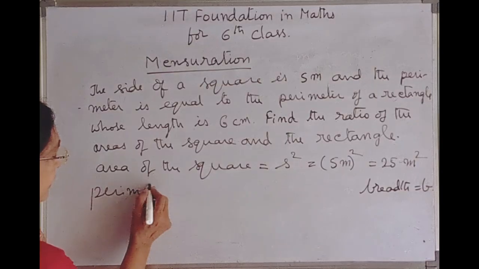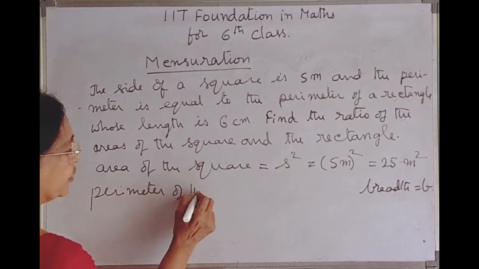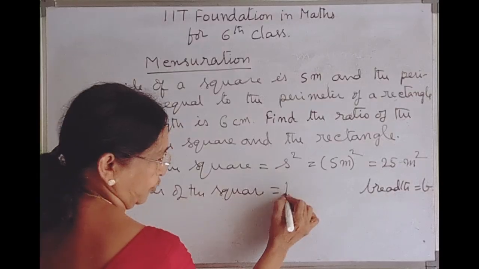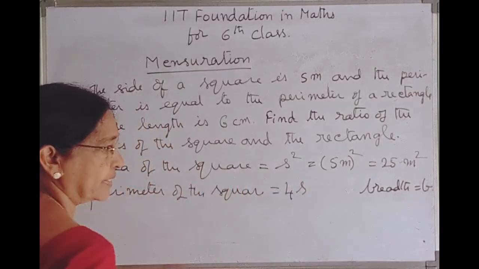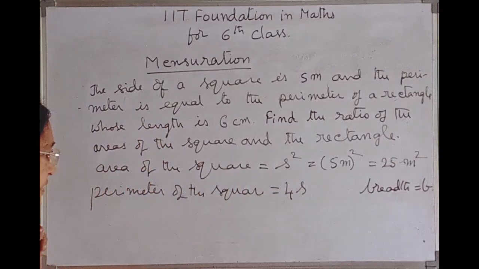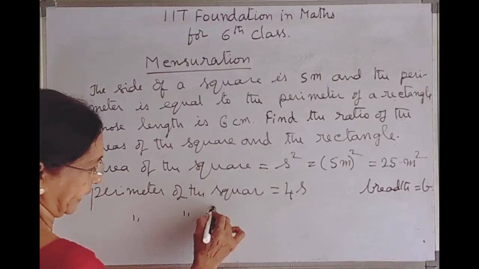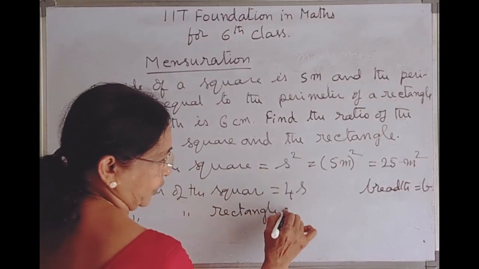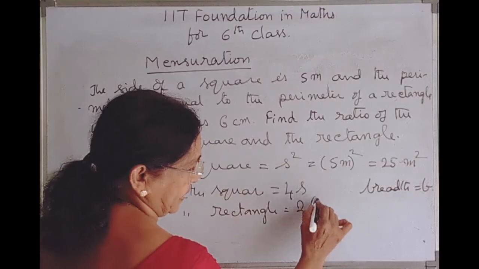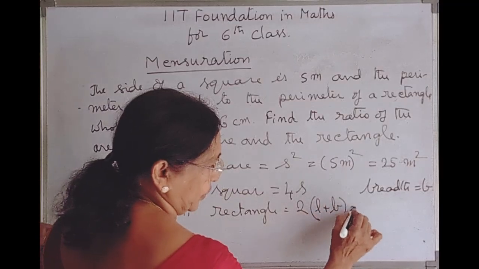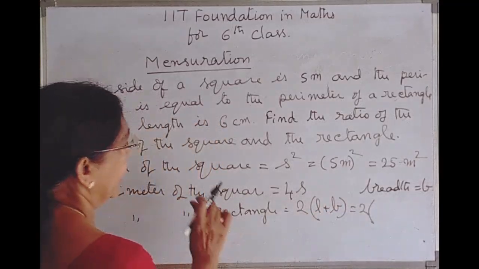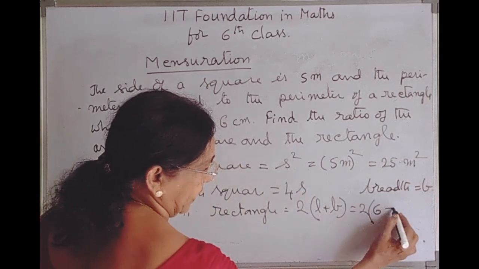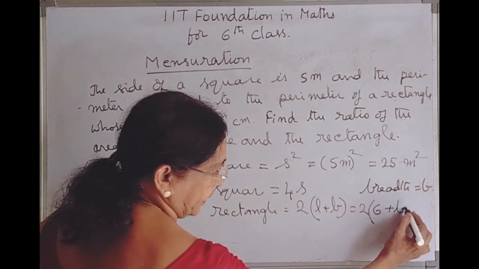The perimeter of the square is equal to 4S. As S is the side, it has 4 equal sides. And the perimeter of the rectangle is equal to 2 into L plus B. That is equal to 2 into, the length of the rectangle is 6 centimeters plus the breadth is just B.